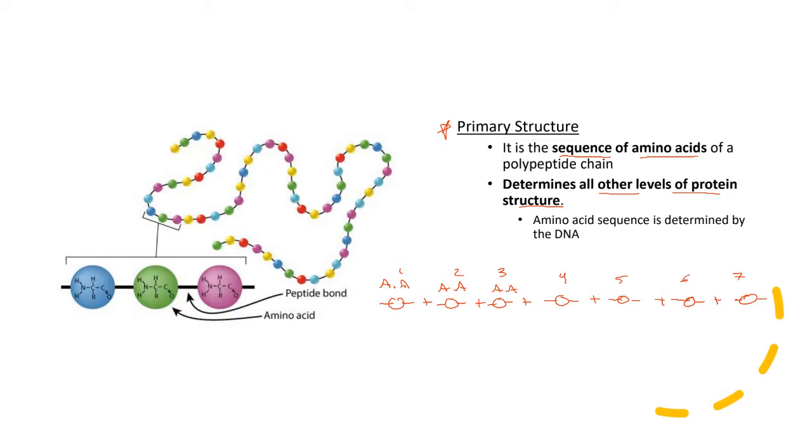What is its primary structure? The primary structure of these amino acids, or the way they attach to each other, is simply this. It's just a necklace. 1, 2, 3, 4, 5, 6, 7, right? Because we went through dehydration reactions, we get this. This is a polymer. This is a polypeptide chain. Okay, but this is the primary structure as well. Primary.